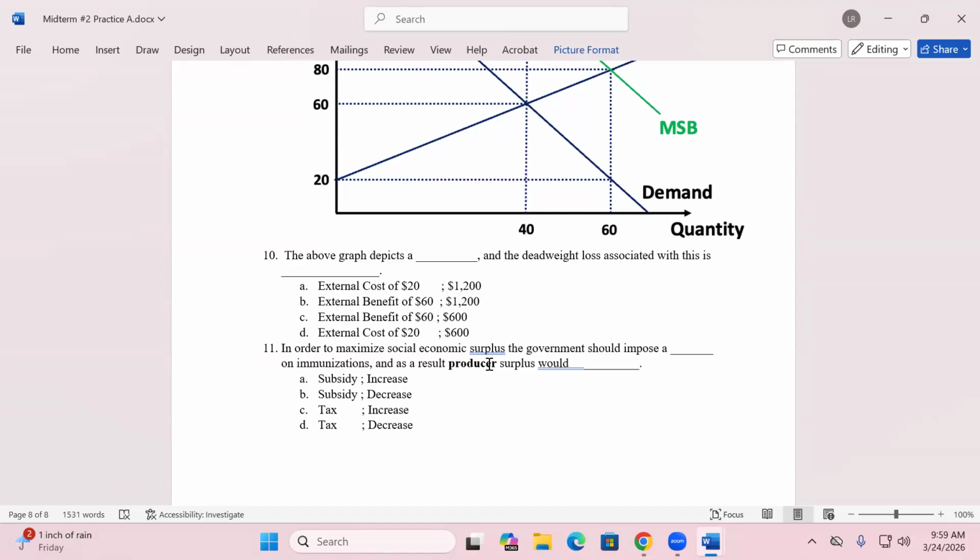If I'm thinking about just the market overall, what represents marginal benefits? The demand curve. What represents marginal costs? My supply curve. For consumers, what represents marginal benefits? The demand curve. What is the consumer's marginal cost? The price they're paying. For producers, their marginal cost is the supply curve.